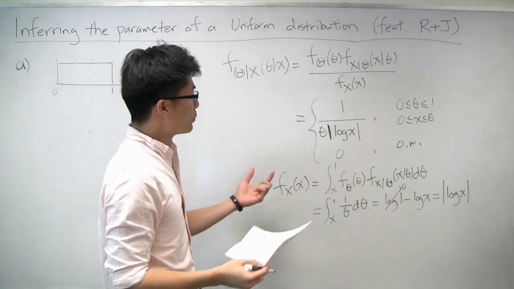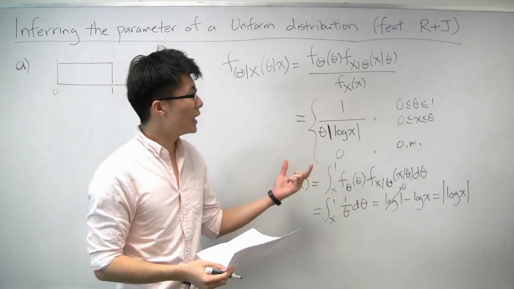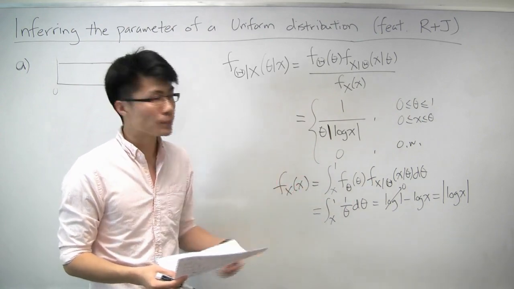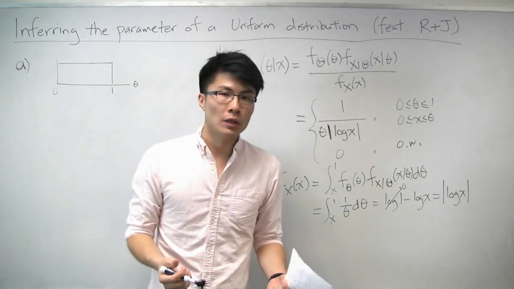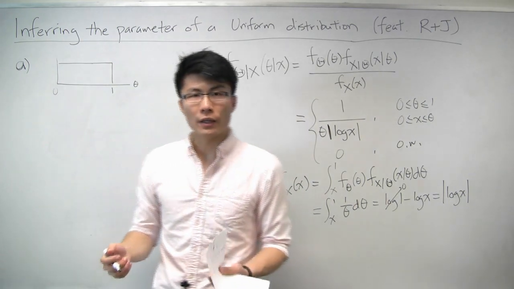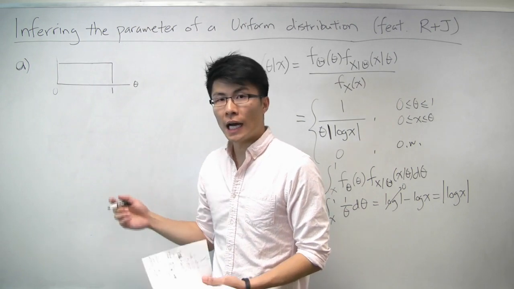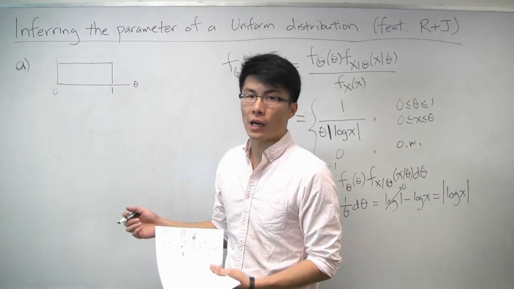So let's just assume that we observe that Juliet is late by half an hour. Well, if she's late by half an hour, what does that tell us about what theta can be? What we know from that, at least, is that theta cannot be anything less than half an hour, right?